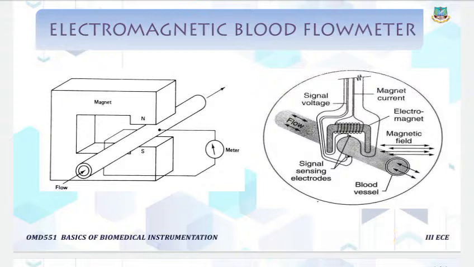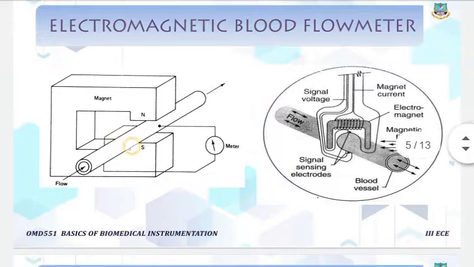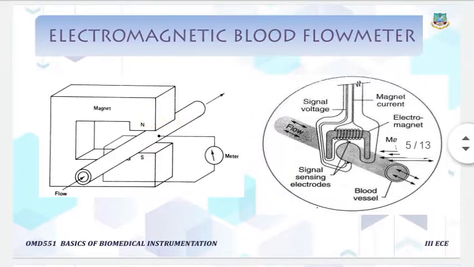These are the magnets, positioned around a blood vessel. This is the blood vessel, and around it we place a permanent magnet or electromagnet. This will generate a magnetic field which is perpendicular to the direction of the flow of blood.